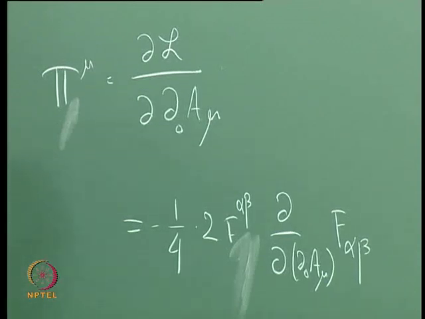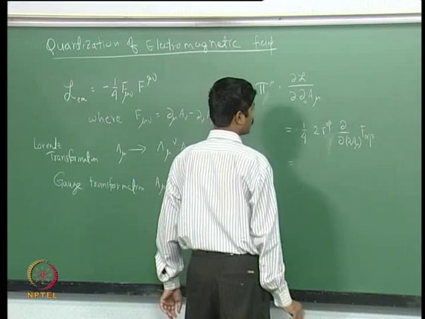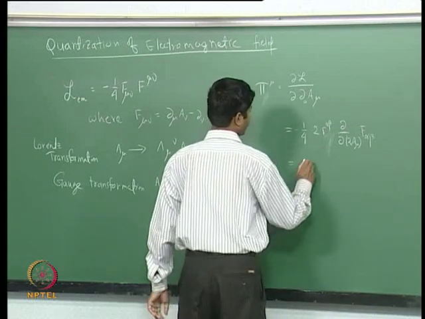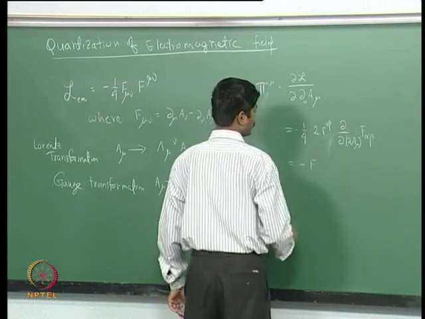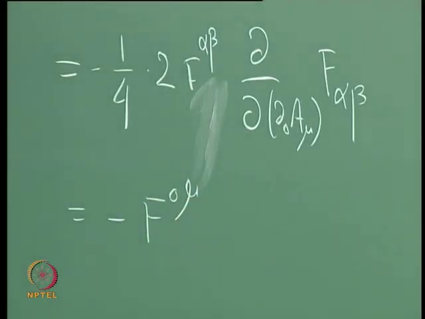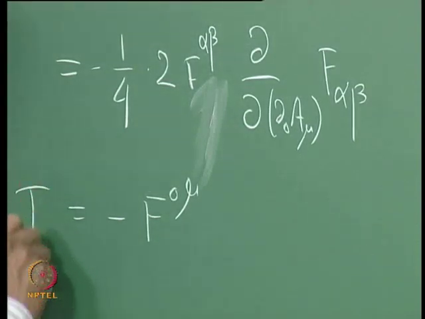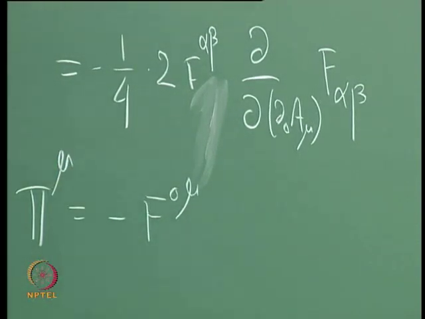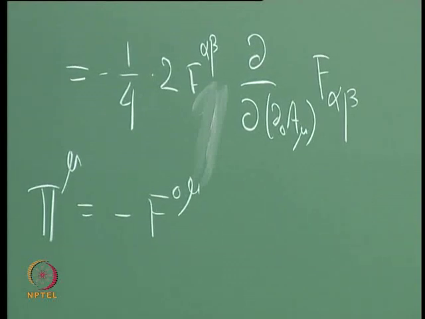So, this will give me minus F 0 mu. So, therefore, your pi mu, the conjugate momentum, is given by this.